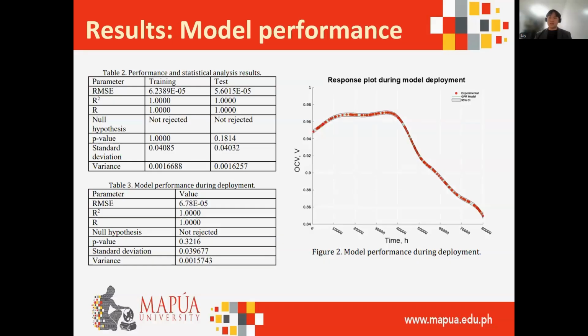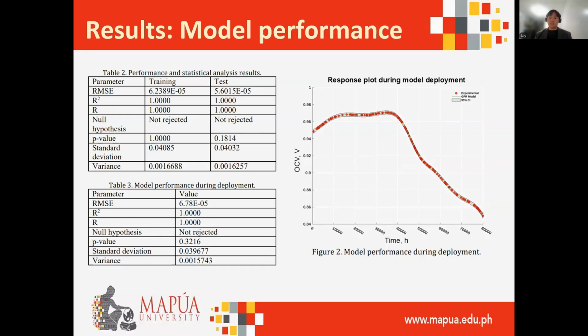For the results, the developed GPR model demonstrated exceptional predictive capability across all datasets. As shown in the tables, the RMSE values were in the order of 10 raised to negative 5, with R squared and correlation coefficient of 1, indicating an almost perfect agreement between predicted and experimental OCV values.